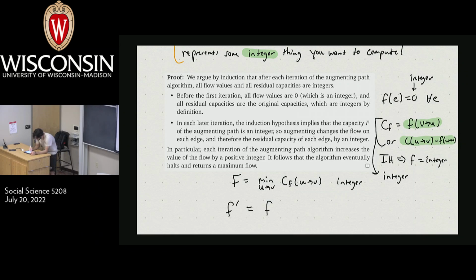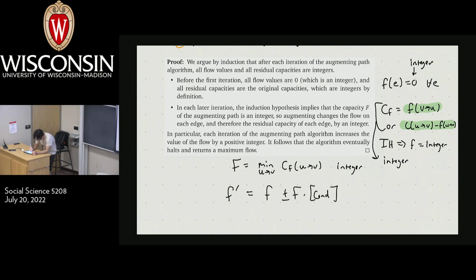And at the very end, what's f prime? f prime is the original f plus capital F sometimes. So some of the edges you add F, some of the edges you subtract F, the other ones you don't do anything. So what's this? Well, it's an integer plus an integer or minus an integer. So it's an integer.